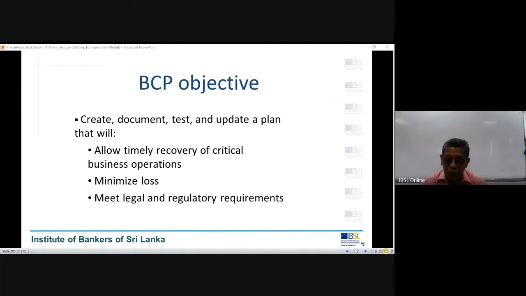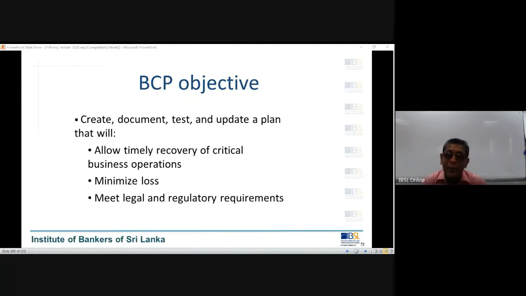We sometimes stop it and request them to switch on the generator to see whether it is working, and that is BCP testing. So you stop your normal national grid power and start your generator. Then only you know your generator is working. It is a classic example in banks.